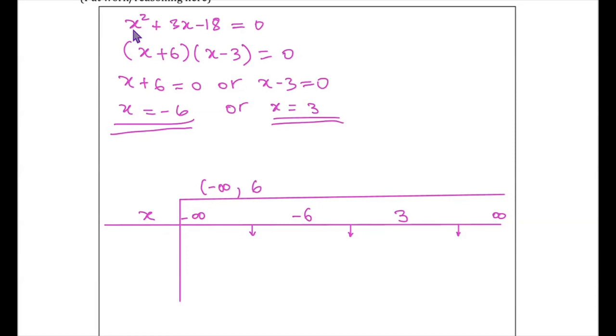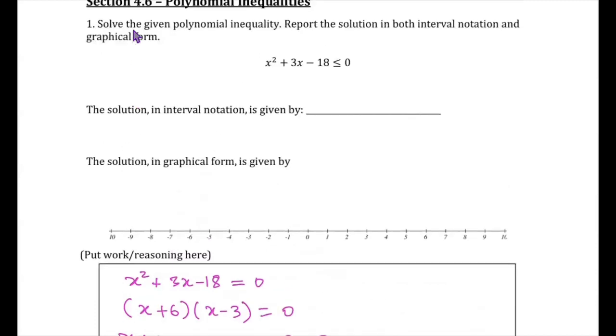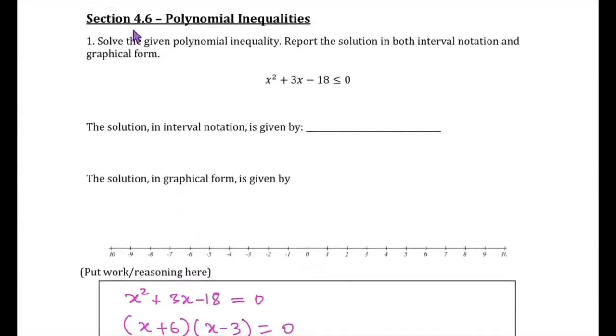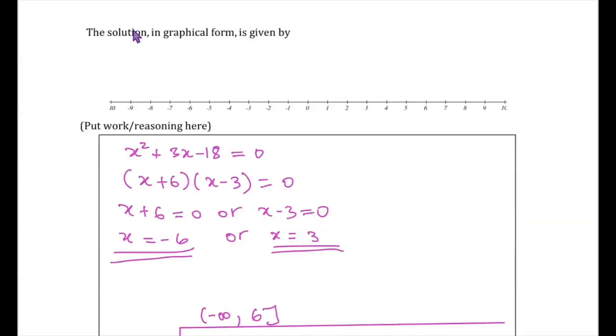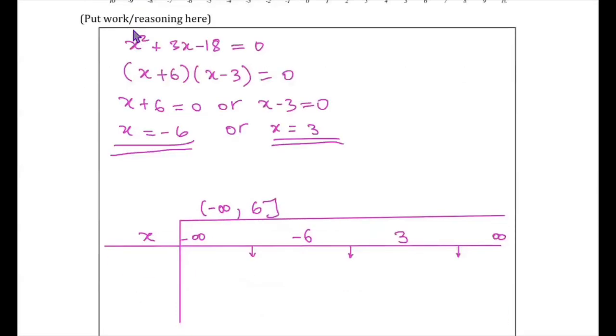Well, we're gonna put a bracket because 6 is included. The reason we say that 6 is included is because we are solving not only for less than, we're looking for when the expression is less than 0, but also including 0. That's why we can include the values at which the expression is 0.